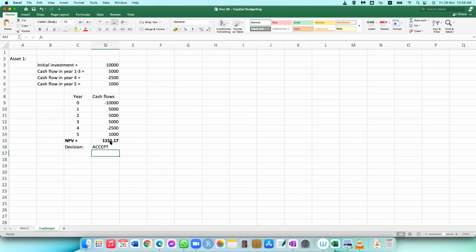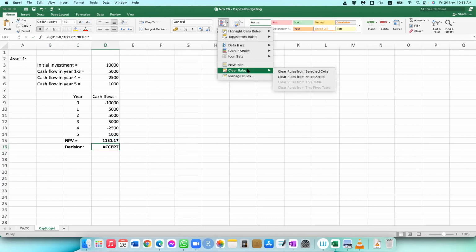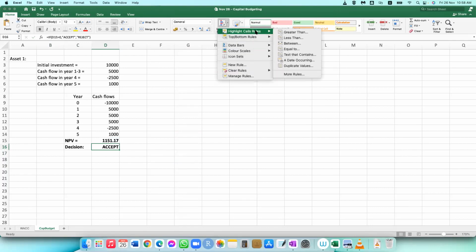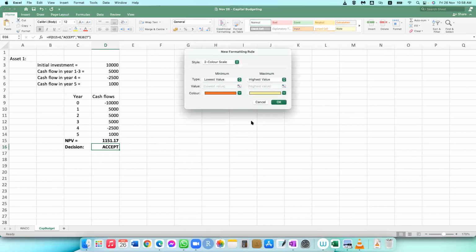Close. And not only that, you can also use some kind of conditional formatting to make it appealing. Let us make it bold. That is a matter of your choice and not a compulsion, but you can do something called a new rule.